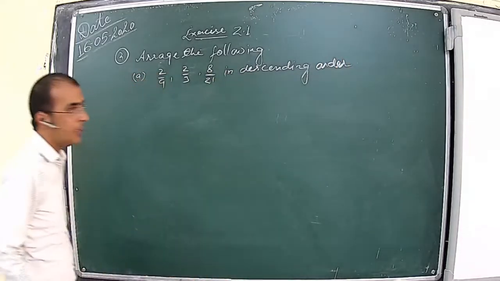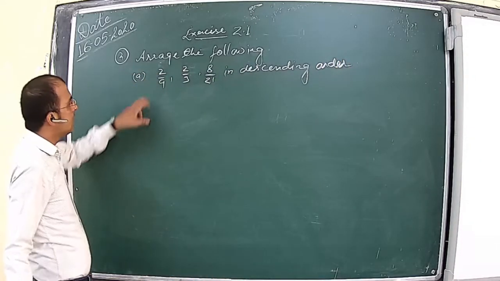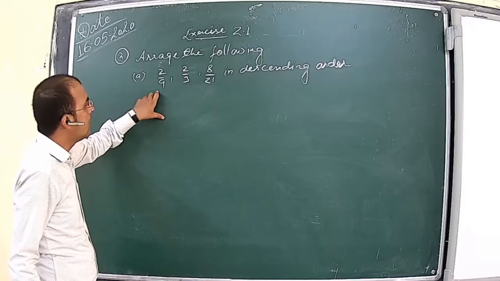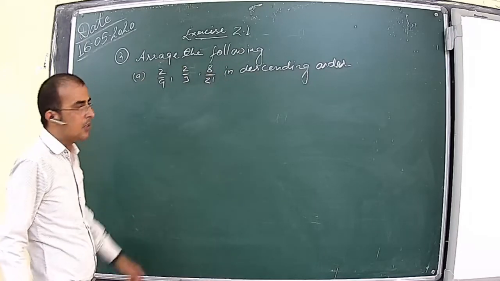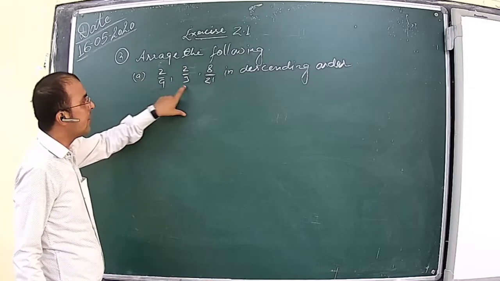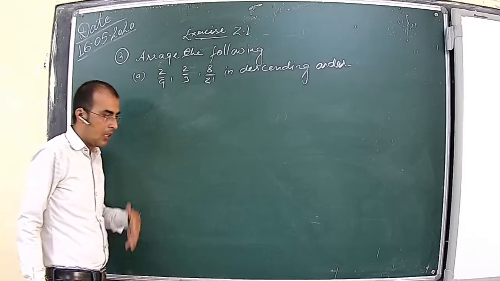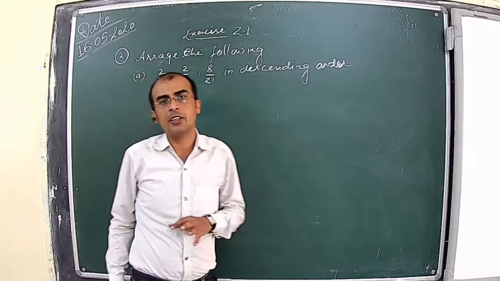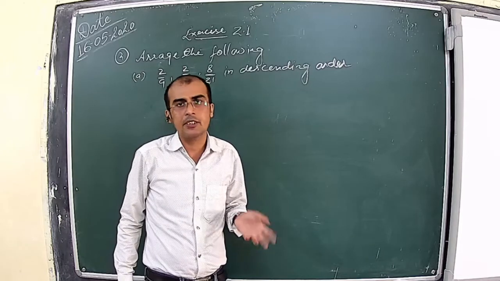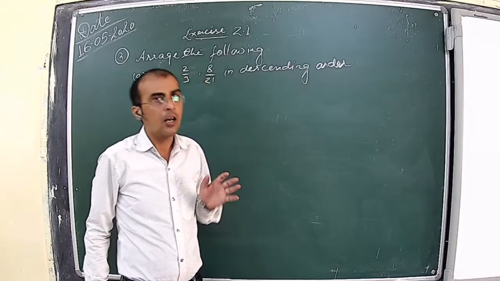So what you have to do in this case? Since we can see these are fractions, their denominators are not the same. In fractions, if the denominators are not the same, that fraction is said to be an unlike fraction.